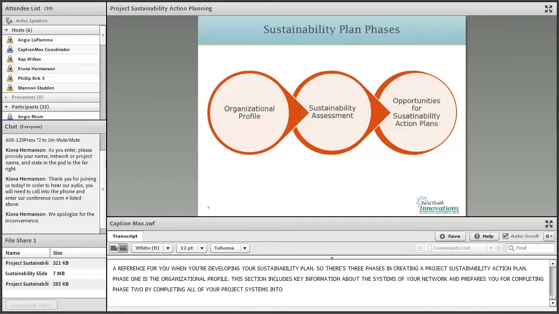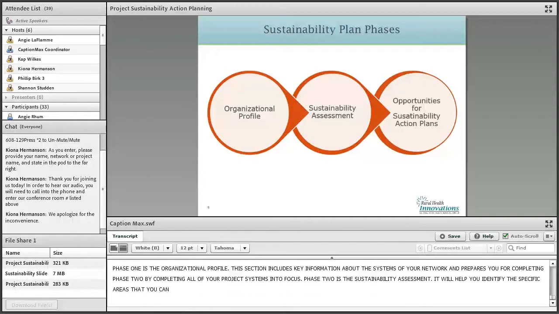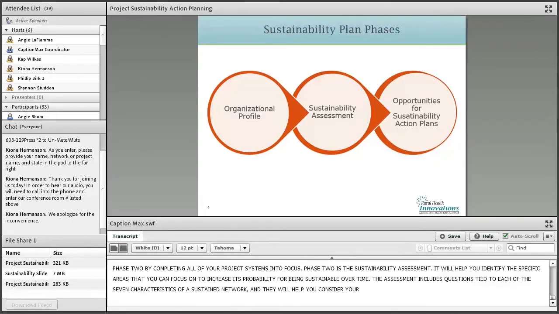Phase 2 is the sustainability assessment, and completing this sustainability assessment will help you and your network identify the specific areas that you can focus on and invest time into to increase its probability for being sustainable over time. The assessment includes questions tied to each of the 7 characteristics of a sustained network, and they'll help you consider your network as a whole and identify various opportunities for sustainability.